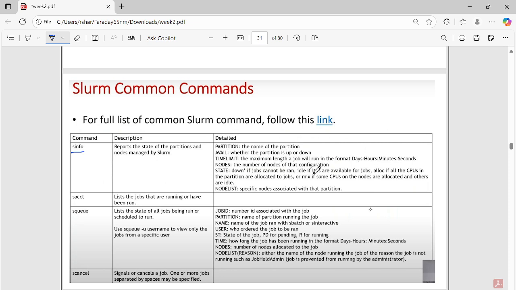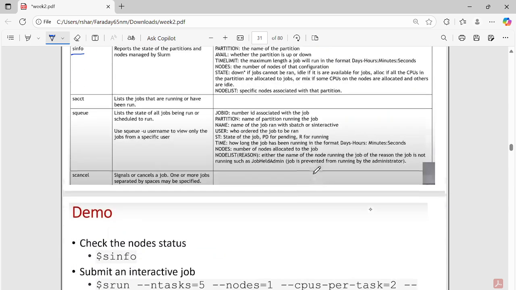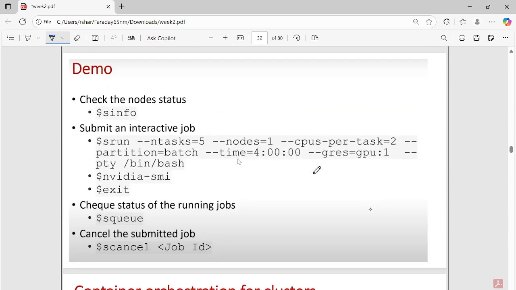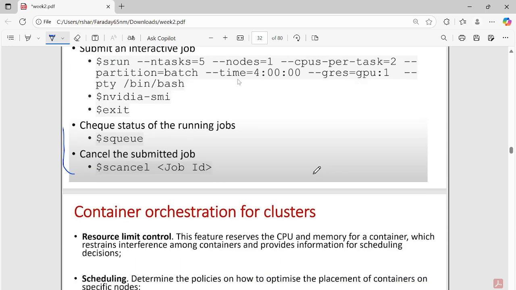Similarly, we can check the jobs that have been submitted and that have been completed. So these are some of the commands.